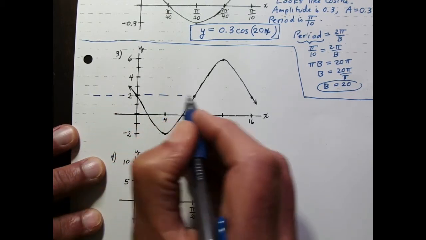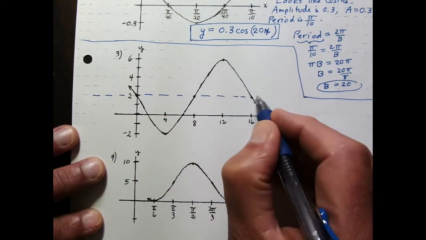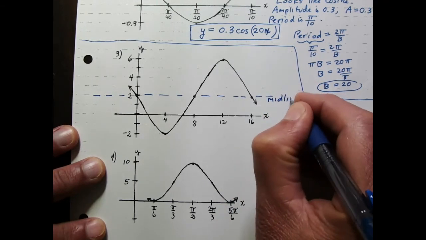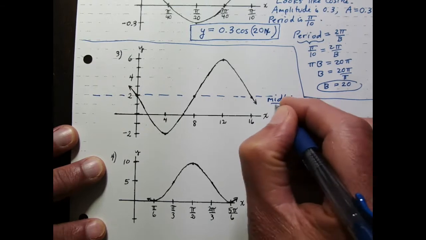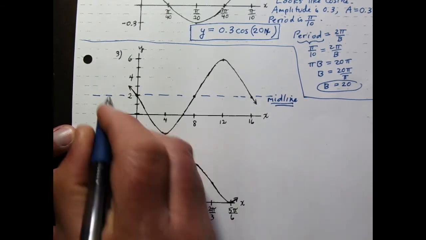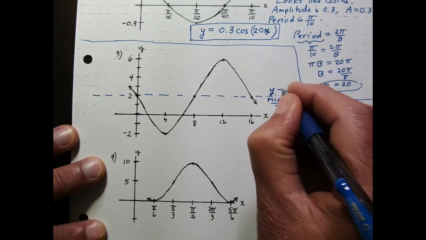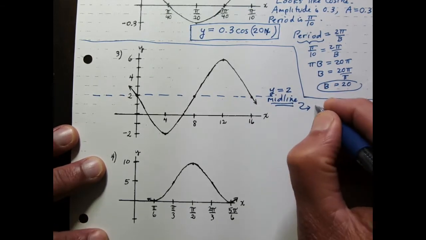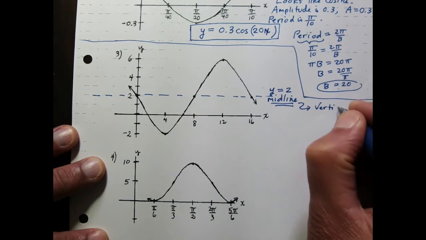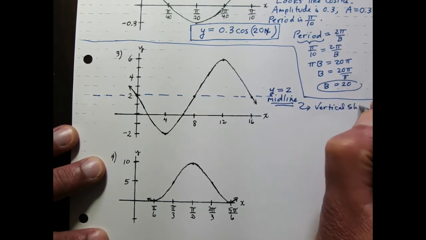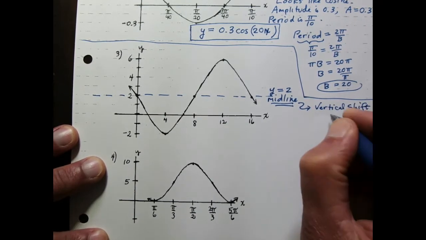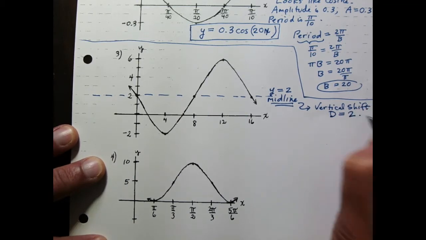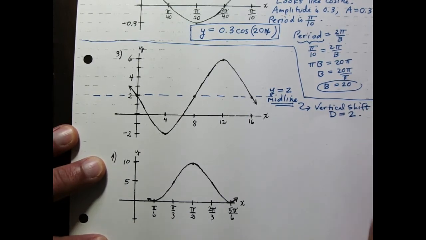I see that the midline cuts through here, and the midline looks like it's y equals 2. That tells me there's a vertical shift. And that's our d constant, right? D equals 2. We're going up 2.